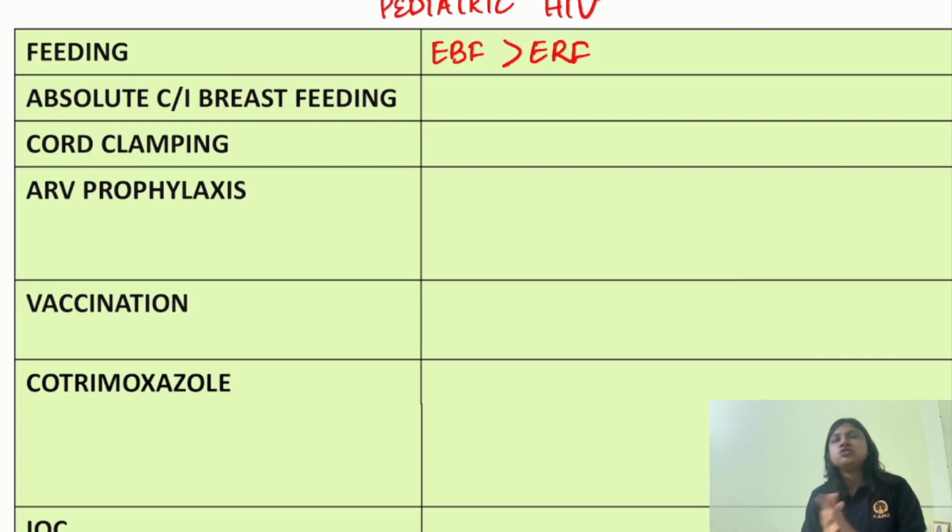In HIV exposed infants, we give options to the mother who is HIV positive, that is either exclusive replacement feeding, that is formula feed, or exclusive breastfeeding. Definitely we promote exclusive breastfeeding and mother's own milk on all occasions.